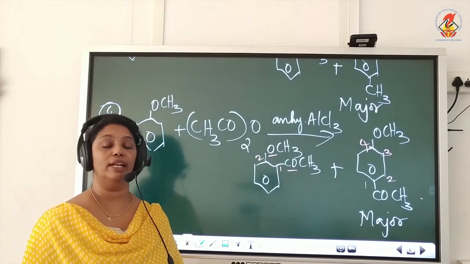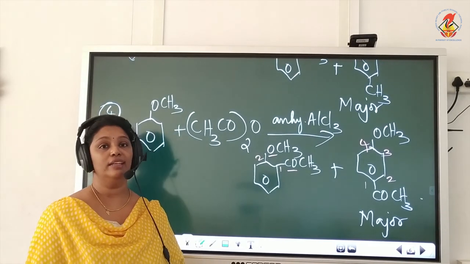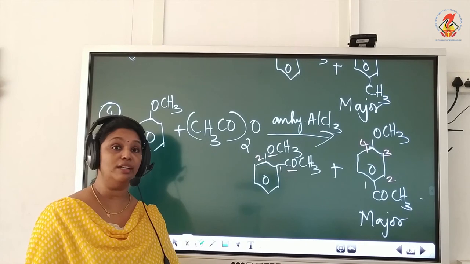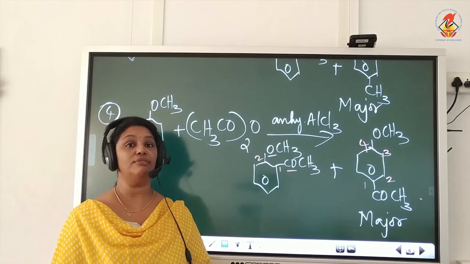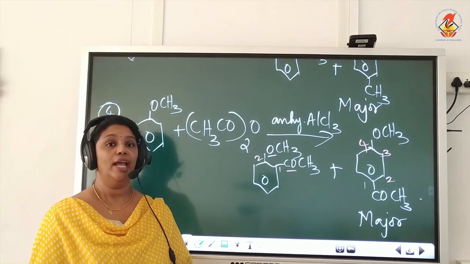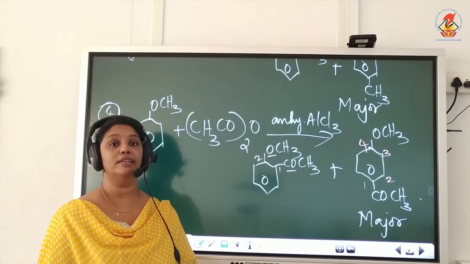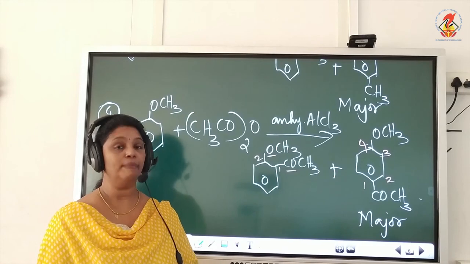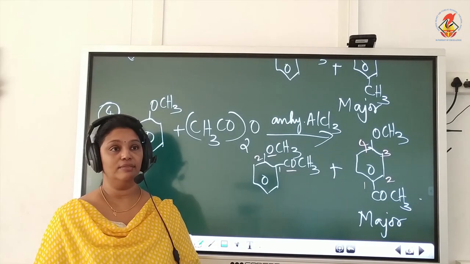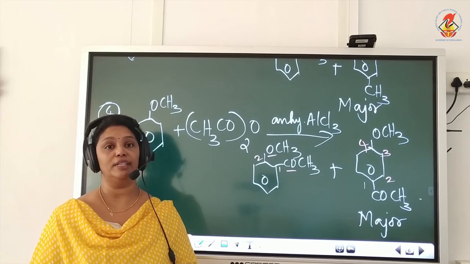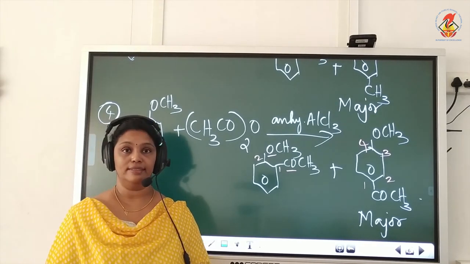So these are the 4 electrophilic substitution reactions given by ether. Halogenation. Halogenation takes place in presence of acetic acid, not in the presence of anhydrous aluminum chloride. And second is nitration. Third is Friedel-Crafts alkylation. Fourth is Friedel-Crafts acylation. So with this, we complete the chemical properties of ethers. Thank you.